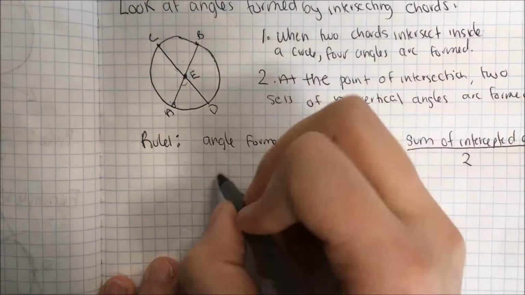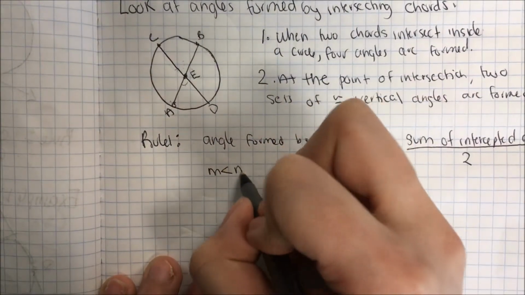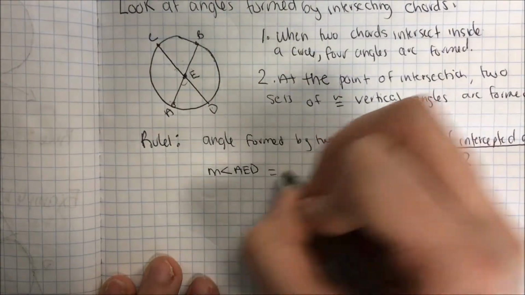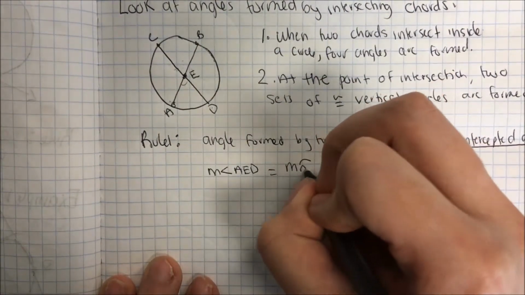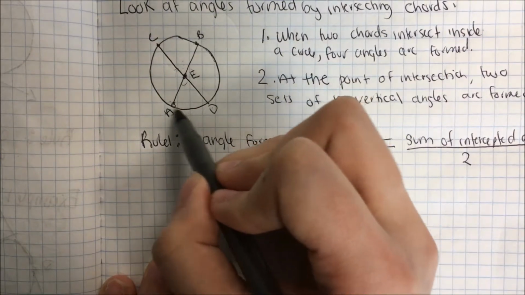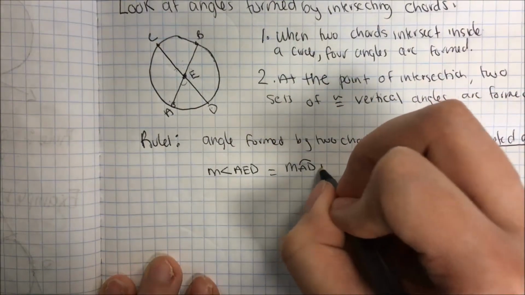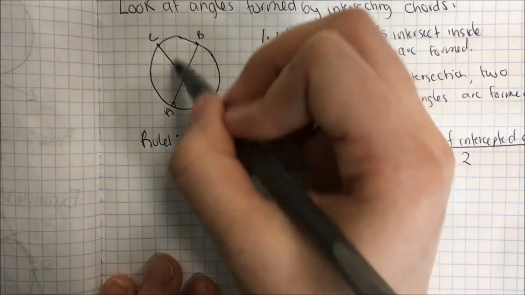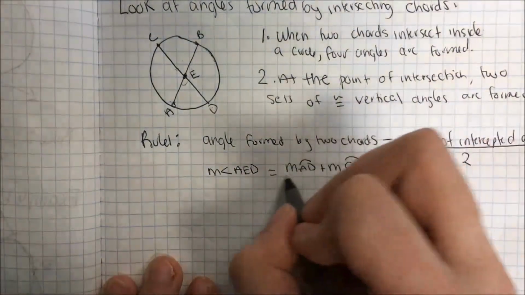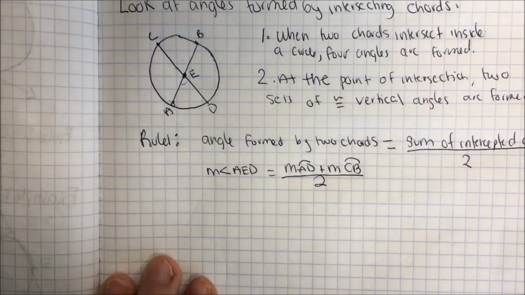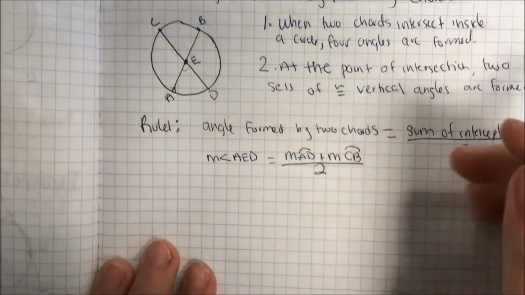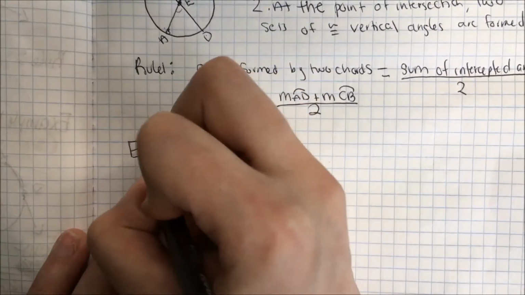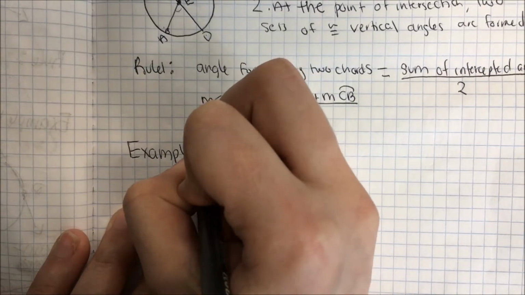So from the picture above, we would have measure of angle AED is equal to the measure of arc AD, this is one intercepted arc, plus the measure of arc CB, which is the other intercepted arc from the two chords, and we have divided by 2. So to use this rule, we're going to look at an example.